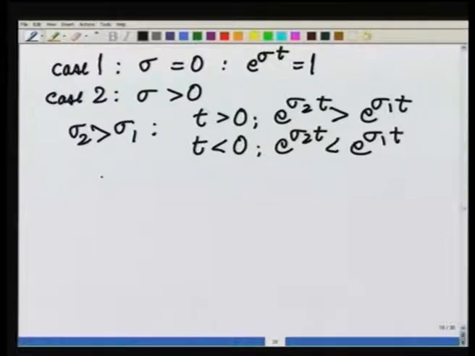This is for the case when sigma 2 is greater than sigma 1 and conforms to case 2, where sigma is in both these cases greater than 0.